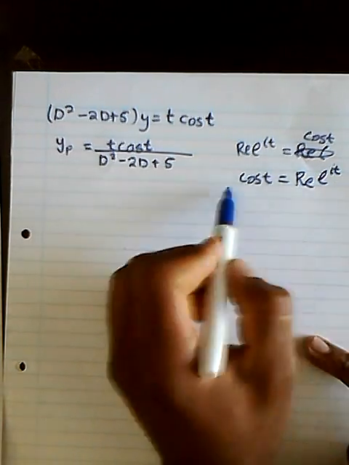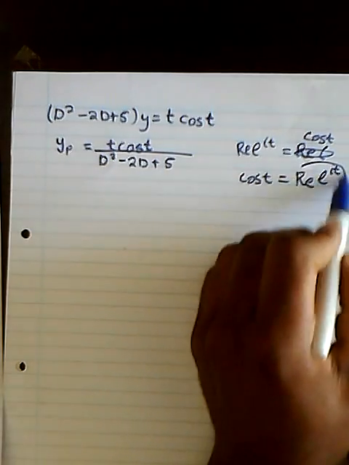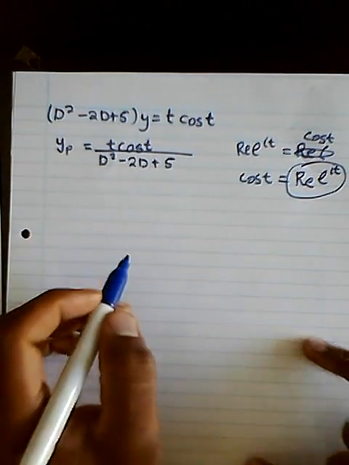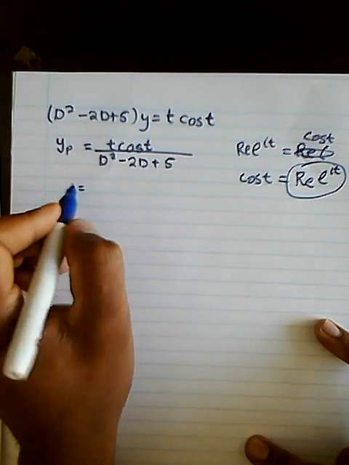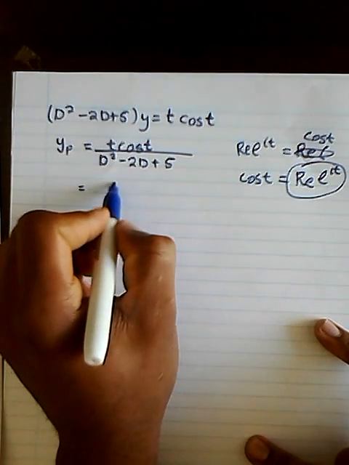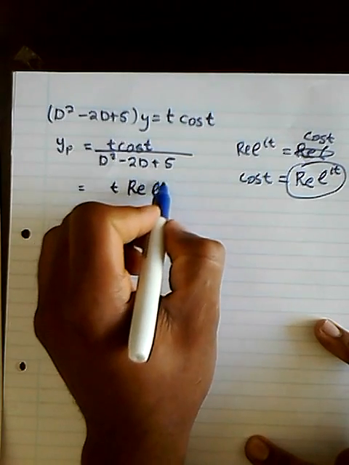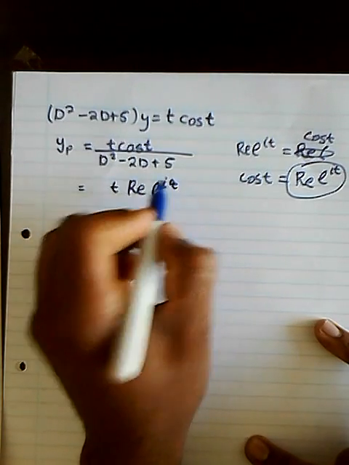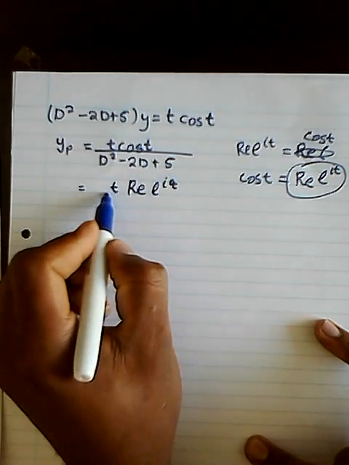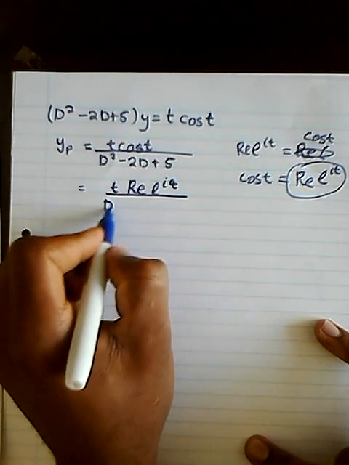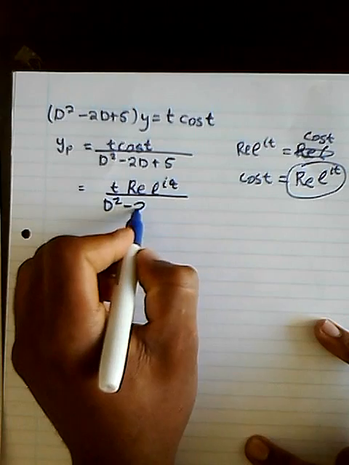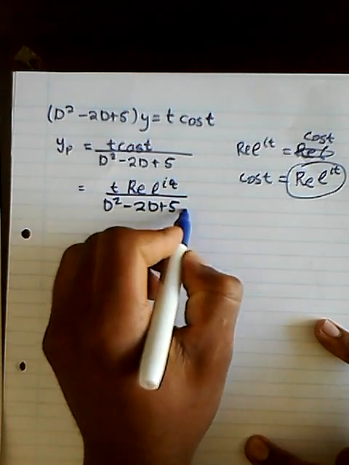So I'm going to replace cos t here by this. So yp is equal to t, the real part of e to the it, and that is divided by d squared minus 2d plus 5.